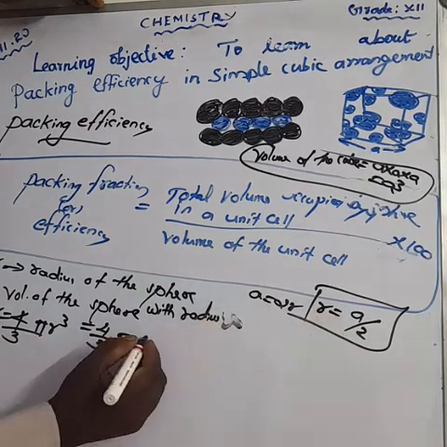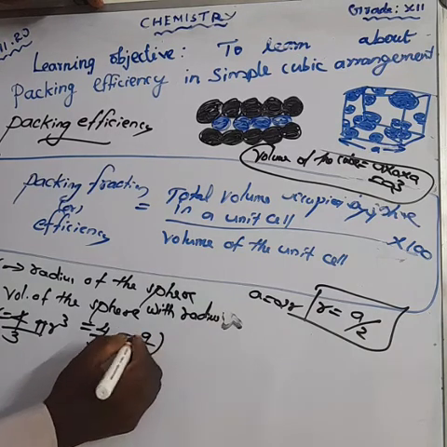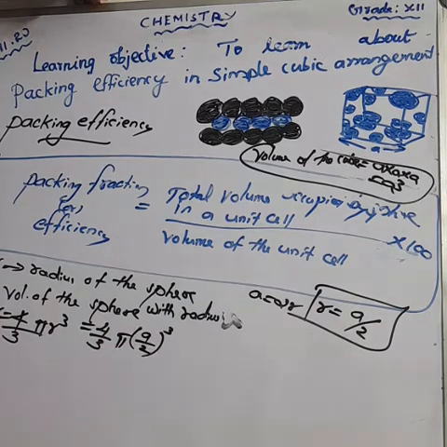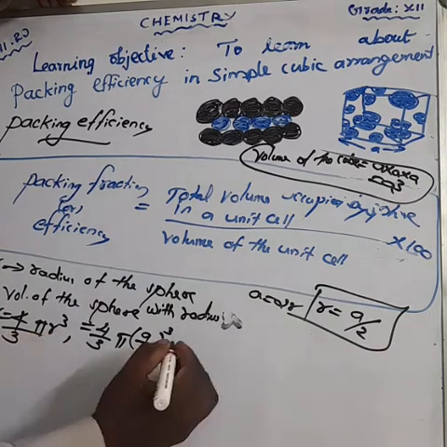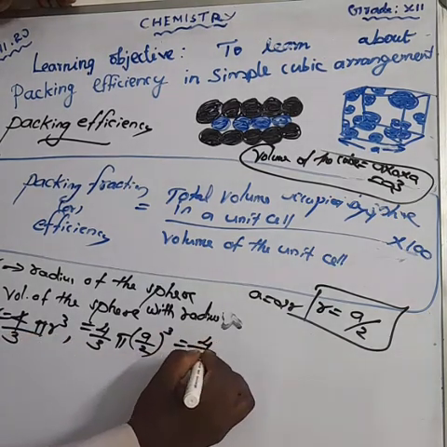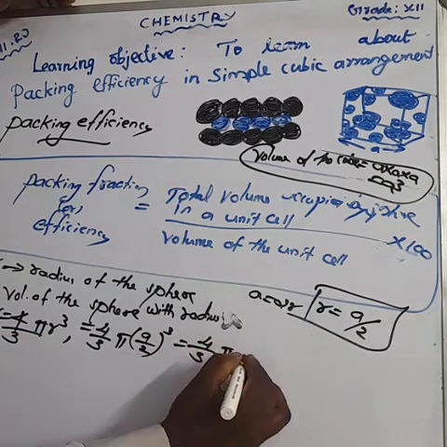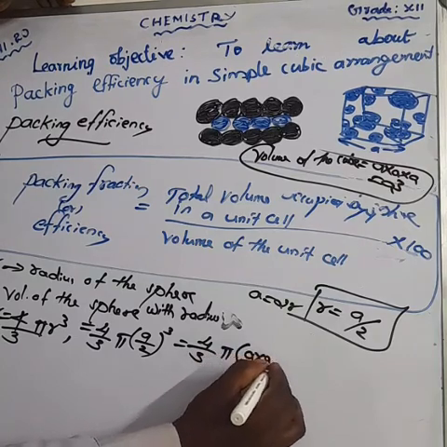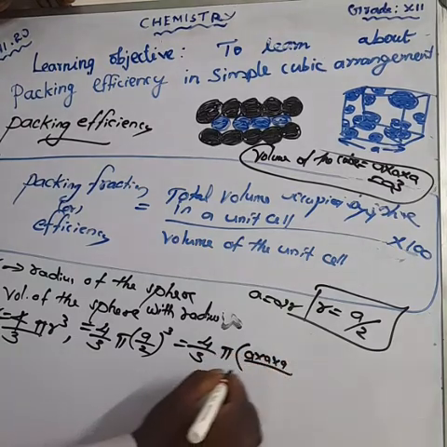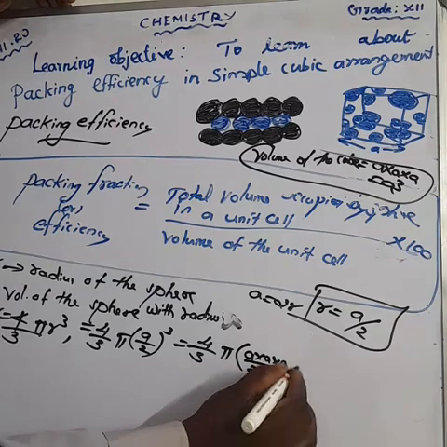So A by 2 cube. How will you write? That is equal to 4 by 3 pi A into A into A divided by 2 into 2 into 2. Am I right?